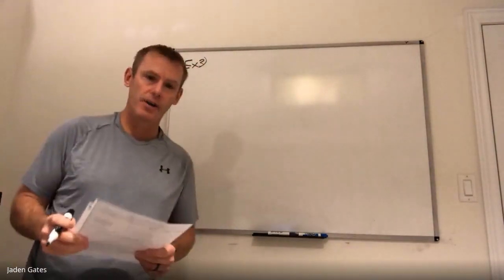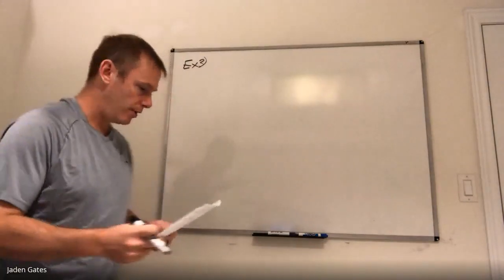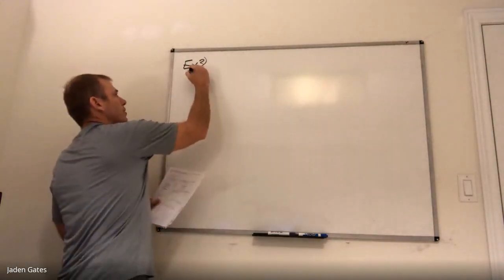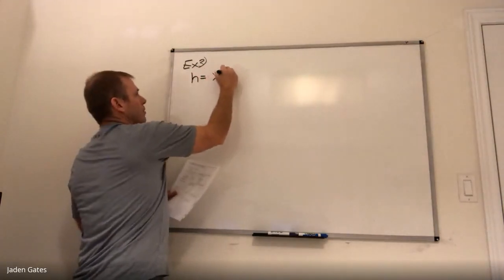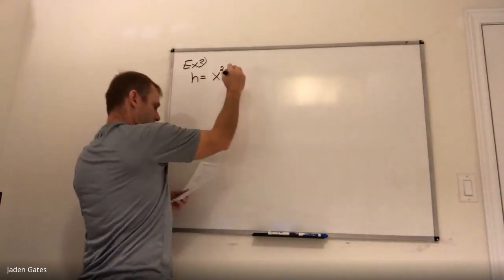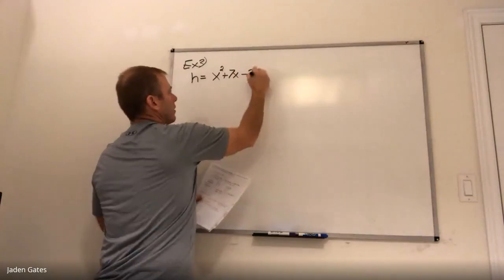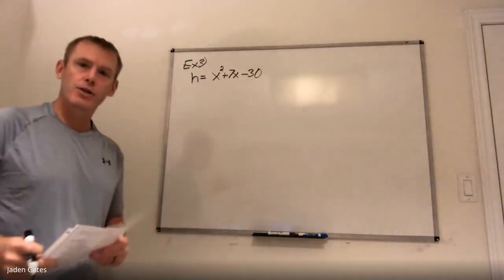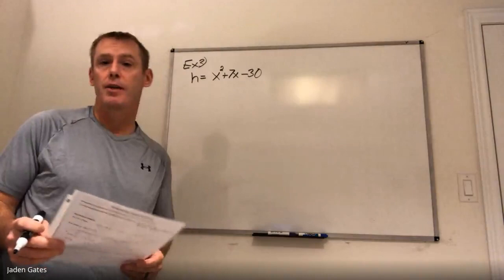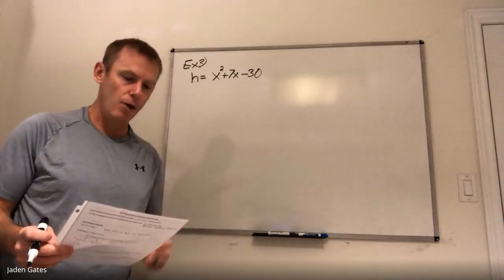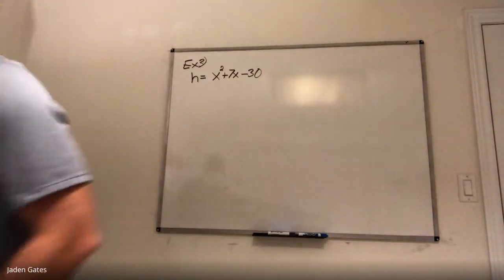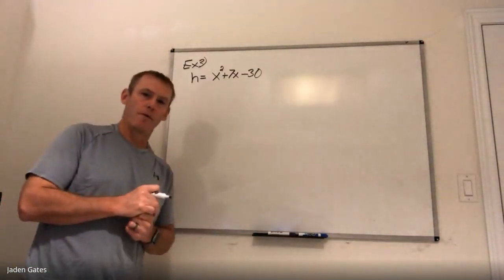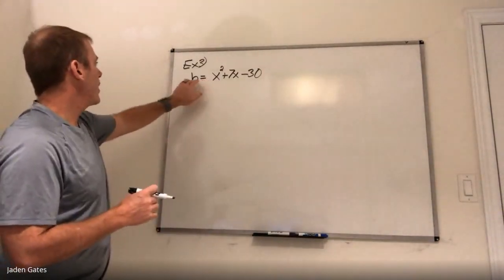It says the height of an air balloon is given by the equation h is equal to x squared plus 7x minus 30, where x is time and h is the height in meters. Time is in seconds. At what time does the air balloon hit the ground? All right, so when we have a word problem here, we have 2 variables.